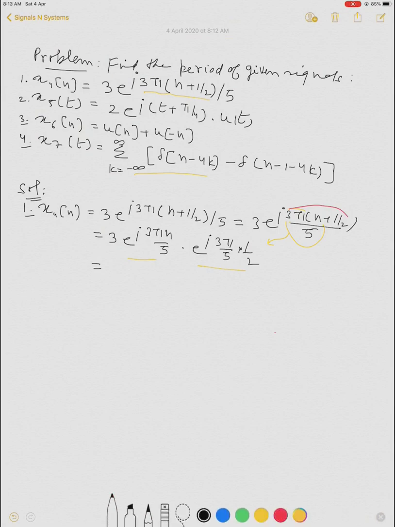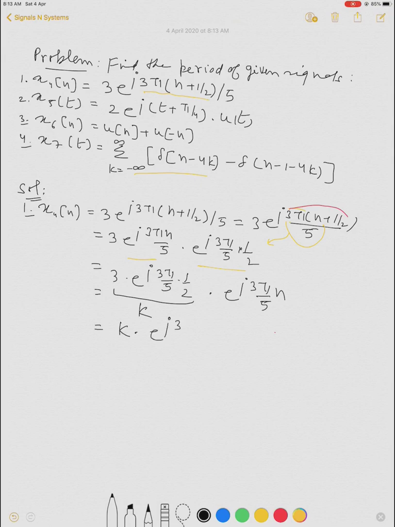Okay, now we can separate the constant part, that is 3 e raised to power j 3 pi by 5 into half, multiplied by e raised to power j 3 pi by 5 n. Replace this by k, because let's say this is a constant, so I can write here k into e raised to power j 3 pi by 5 n.